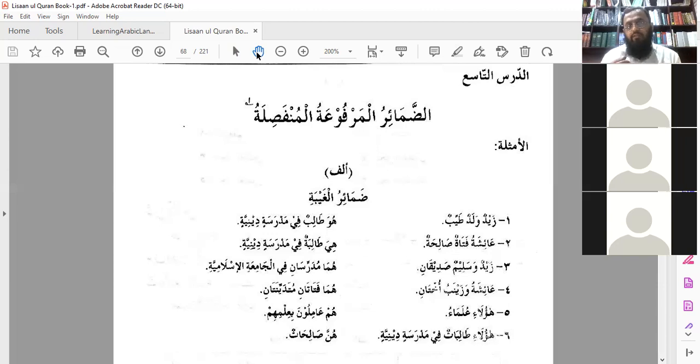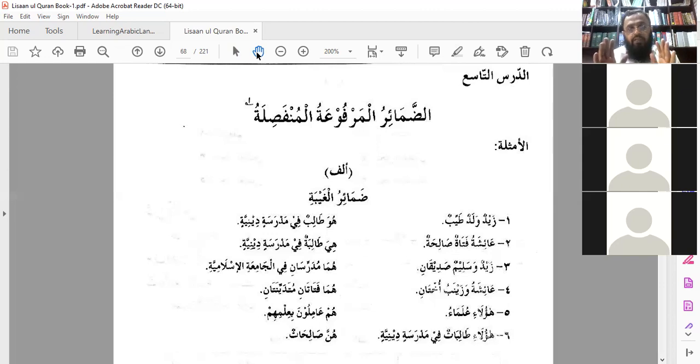For wahid, first person singular, al-wahid al-mutakallim, ana. And for jama al-mutakallim, nahnu. Nahnu is common for muthanna, if two persons are talking, or if more than two are talking.